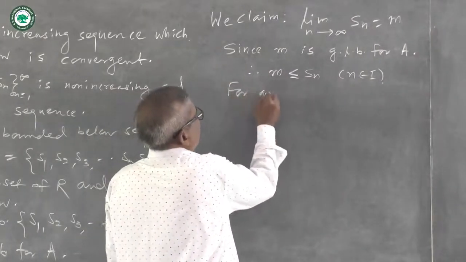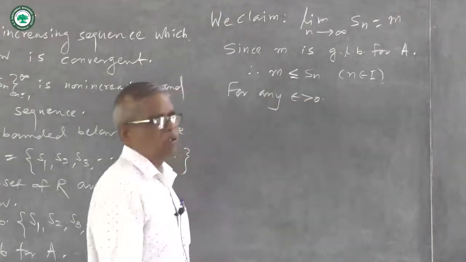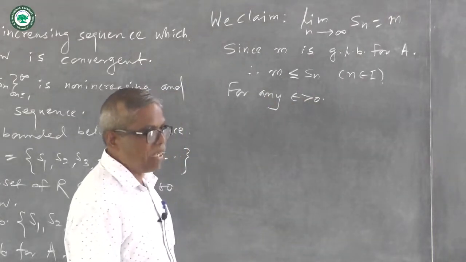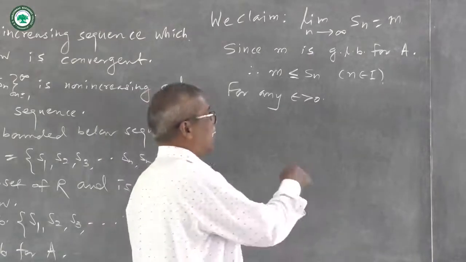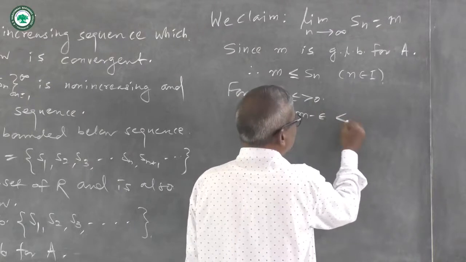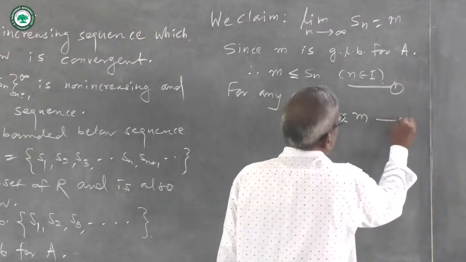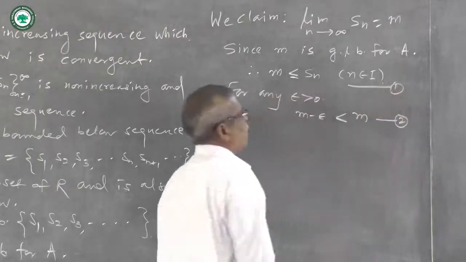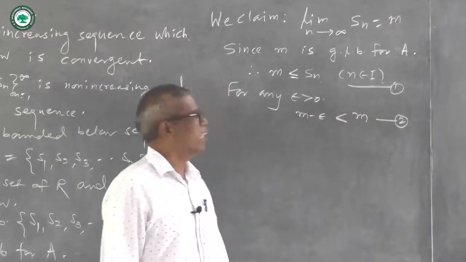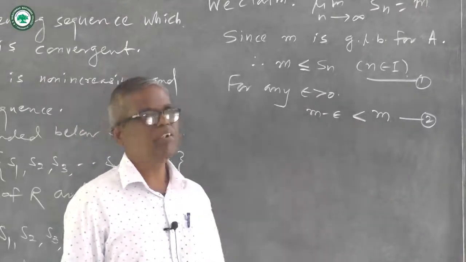For any epsilon positive, m minus epsilon is strictly less than small m. This is relation 1, and m minus epsilon less than m, this is relation 2.